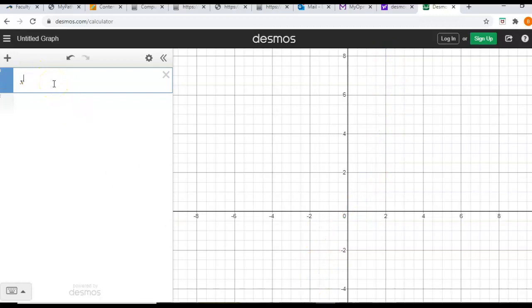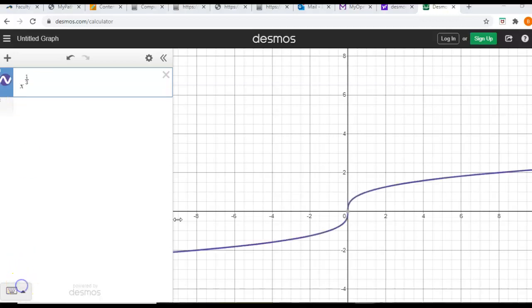And then the last one, oh, no, there's 2 more I want you to know. And so the cube root function, and realize the 1/3 power is the same thing as the cube root. So I could have written this as the cube root with a little 3 for the cube root of x.